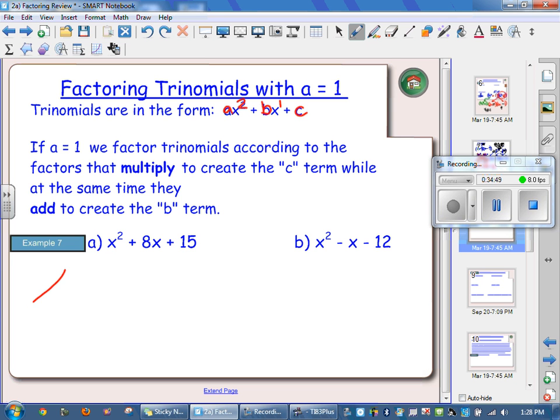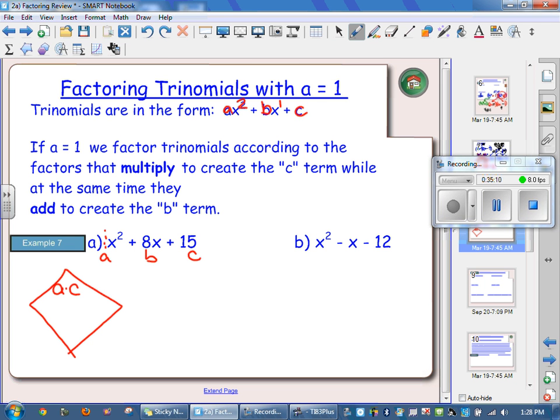So my a here is a 1, my b is the 8, my c is the 15. So the first thing you're going to do is label them. Okay, I know who my a, b, c is now. Now I multiply a times c, I get 15. On the bottom of your diamond is your b value. Your b value here is 8.